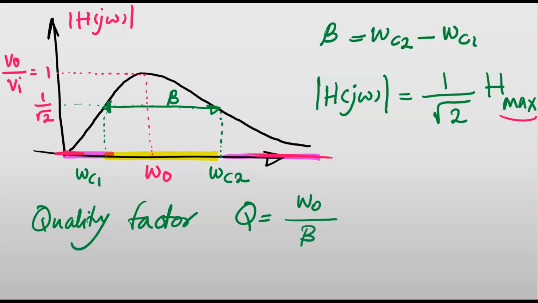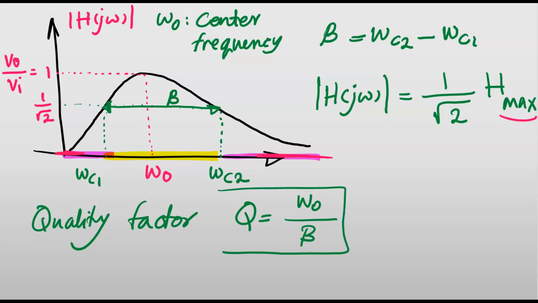Omega naught is my center frequency, where I have the maximum magnitude for H at j omega. So if I have my omega naught and my bandwidth, then I can describe my quality factor by dividing omega naught by beta.